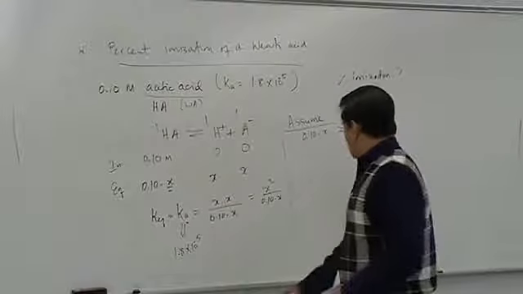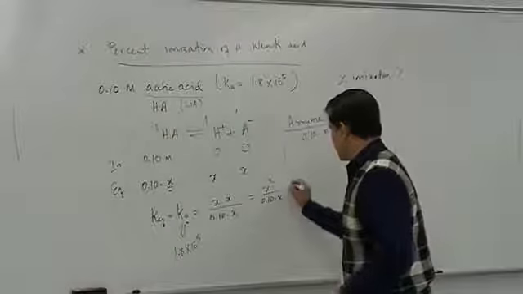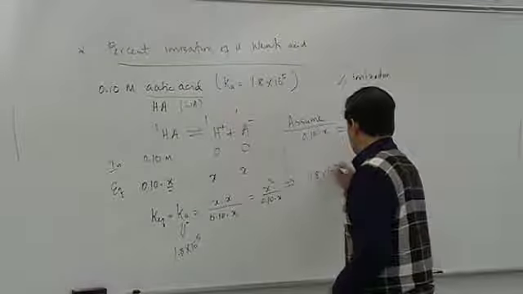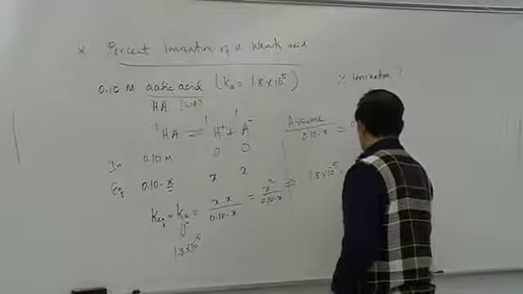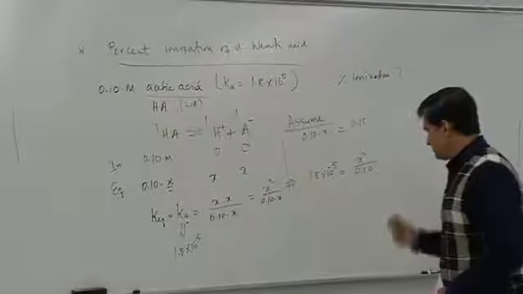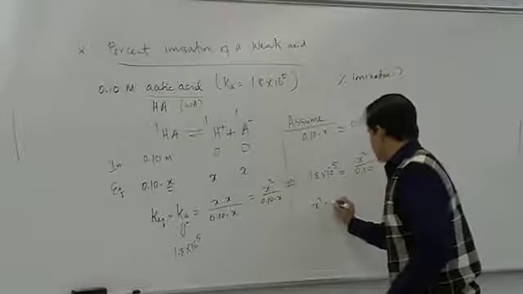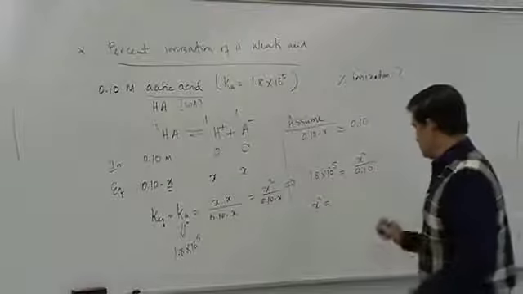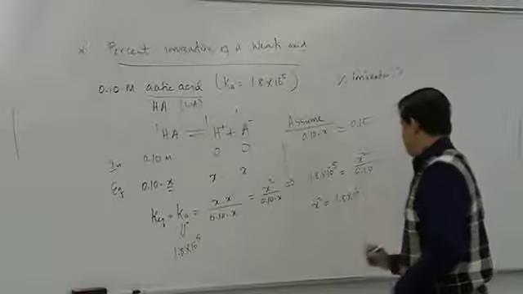Now once I make this assumption, I can reorganize this whole expression. 1.8 times 10 to the negative 5 equals X squared over 0.10. Because I ignored X here, this gives me X squared equal to, you multiply both sides by 0.10, 1.8 times 10 to the negative 6.